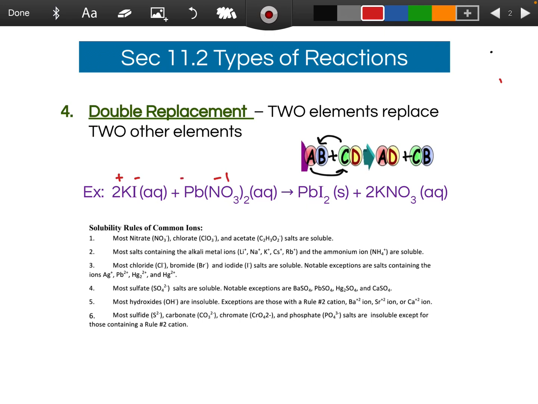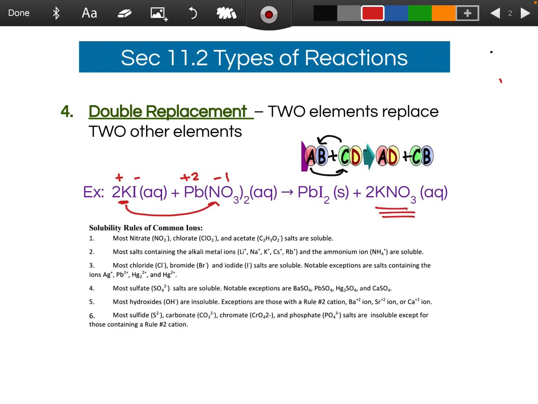We have two of them, so lead has to be +2. So when you're predicting your products, the positive ion from the first reactant has to combine with the negative ion from the second reactant. So potassium, which is positive, has to combine with the negative. And so when you reform the elements into new products, you always have to have a positive with a negative charge. So here's our KNO3.